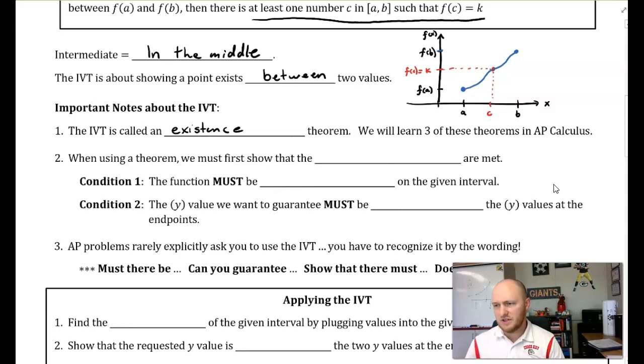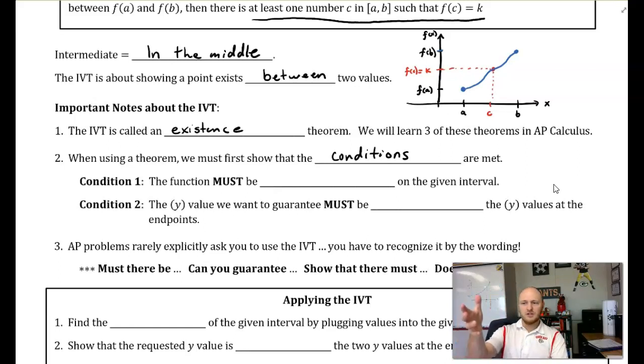We will learn 3 of these in calculus. More to come. Now, when using the theorem, we must show that the conditions are met. In order to use this awesome tool that I am showing you, you have to go ahead and show that you can use it. Now, the way I equate this is I think about Thor, and he's not by any means my favorite Avenger at all, but I just think about Thor.